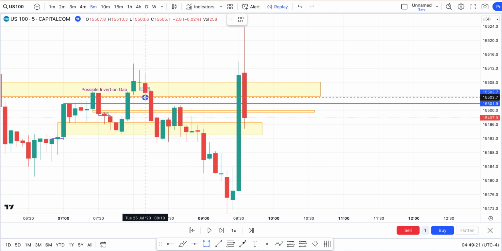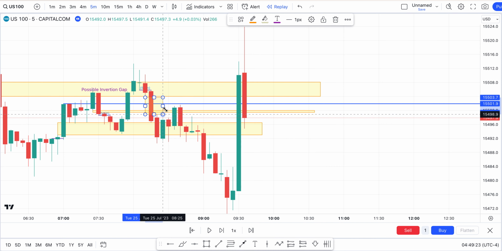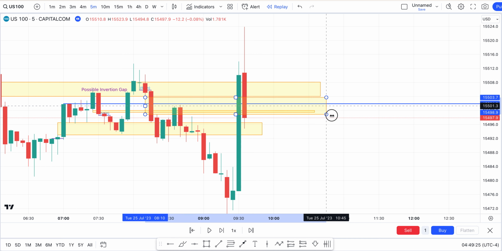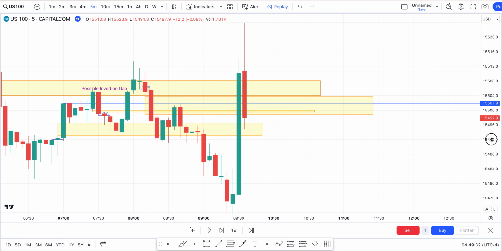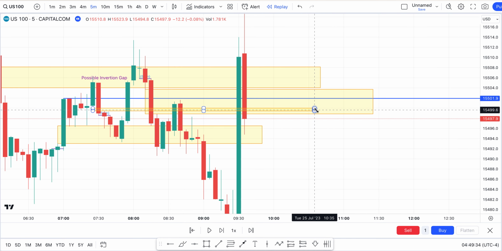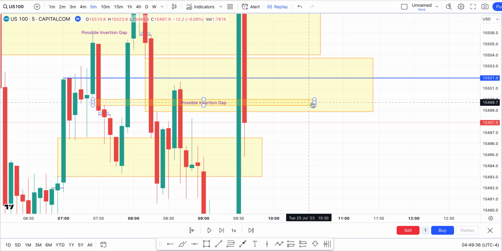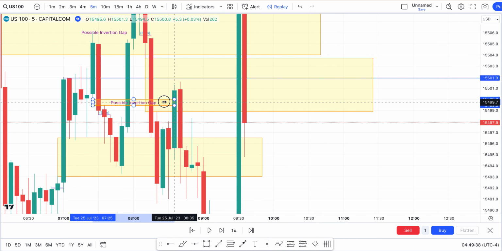Inside here. I'll just move this one, make it small. Got invalidated, activated, invalidated. So let it in here.